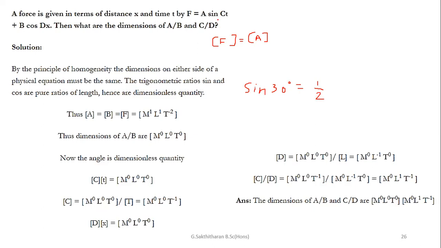So we don't have dimensions of sine and cos. Okay, so we have only dimensions of A and B. F is the force, so A and B have the same dimensions.